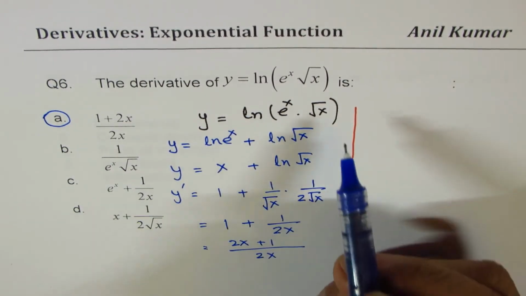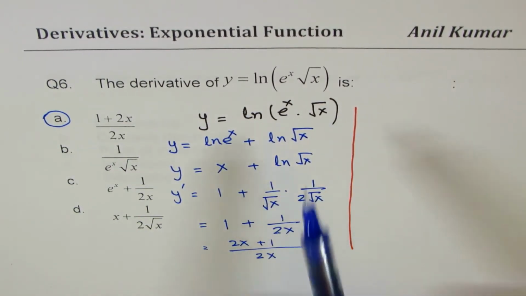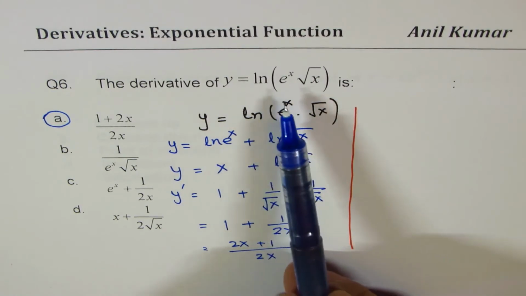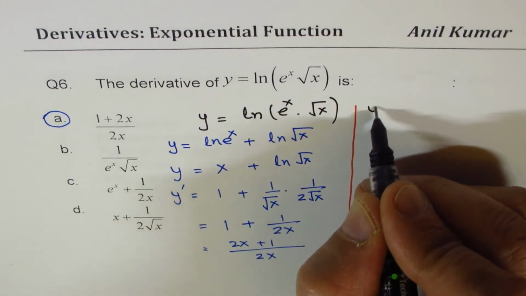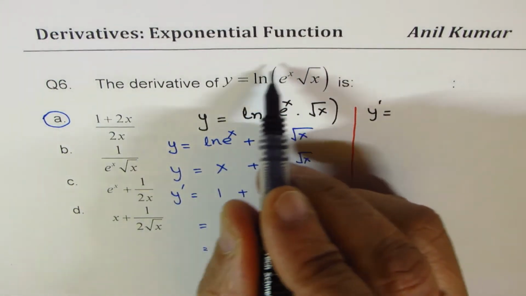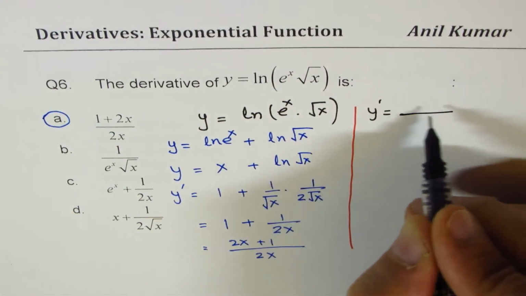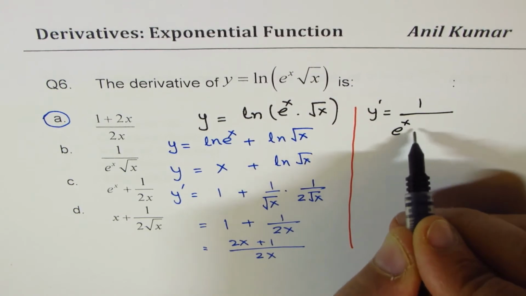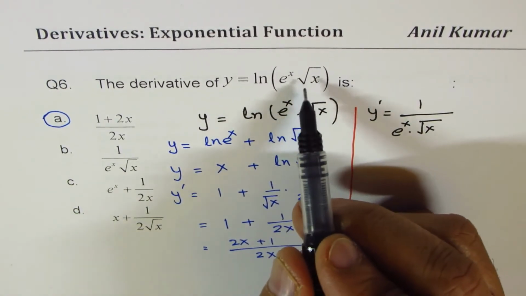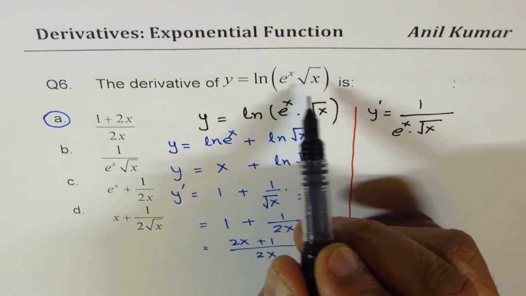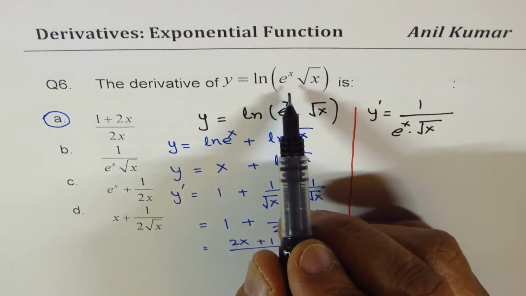Well, at times, if you don't want to do this, you can apply the rule as such. So let's do it without splitting it. So we'll redo this. So y dash is, the whole thing comes in the denominator. So it is 1 over e to the power of x times square root x times the derivative of the function, correct? So we'll apply the product rule.